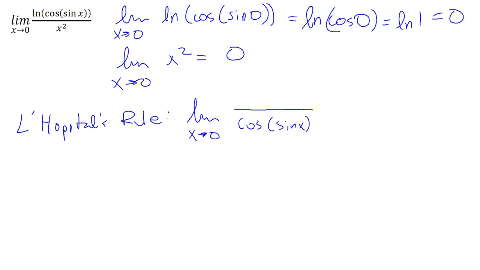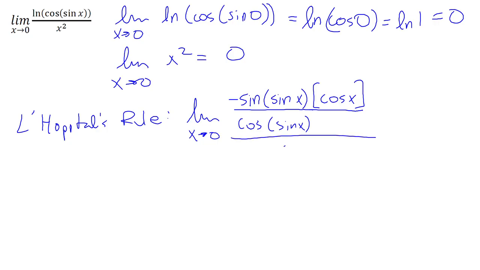Well, the derivative of cosine of v is negative sine of v, so negative sine of sine x. And then we need to, again, multiply that by the derivative of the sine of x, which should just be the cosine of x. So that's our derivative of natural log of cosine of sine of x. And then, of course, we need to put that all over the derivative of x squared, which is 2x.